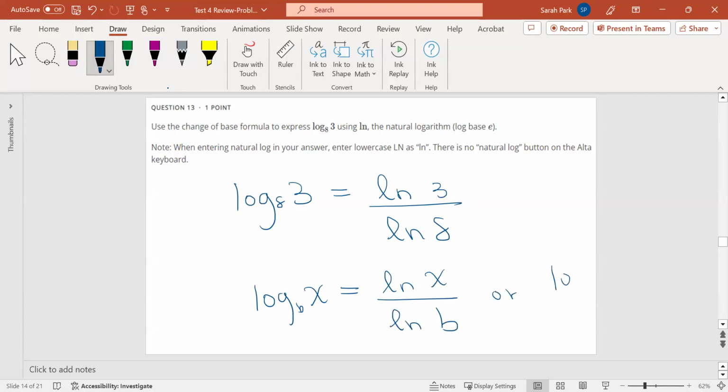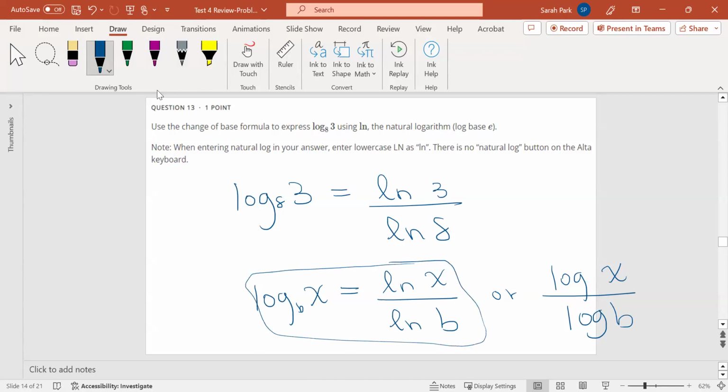Or you could also have written this as log base b of x over log base b of something else, let's call it log of x, base 10. But because this wants us to use ln, we're going to write ln of 3 over ln of 8.